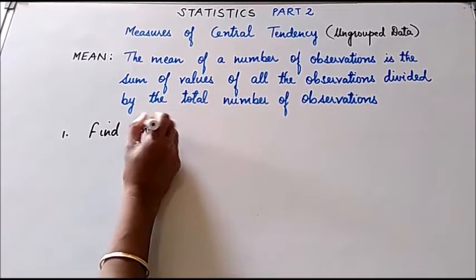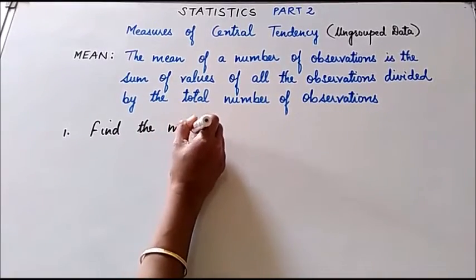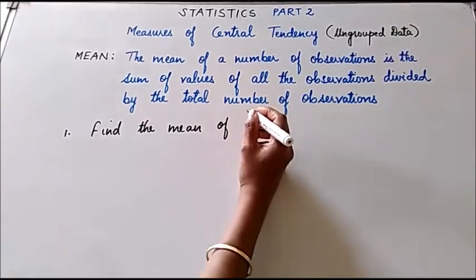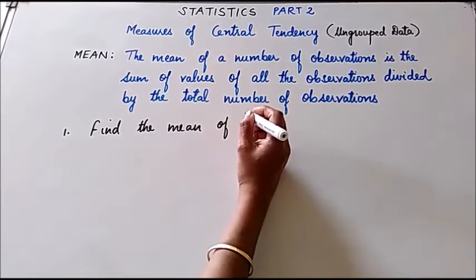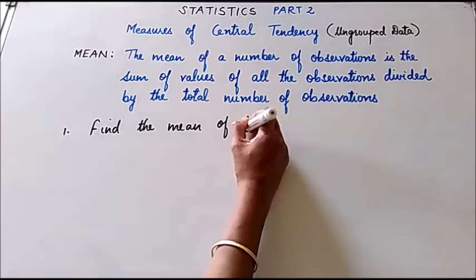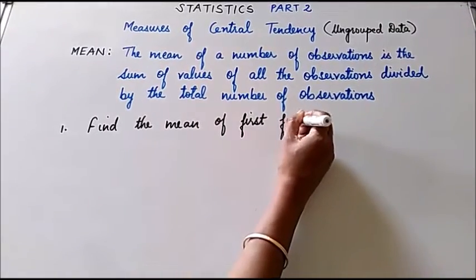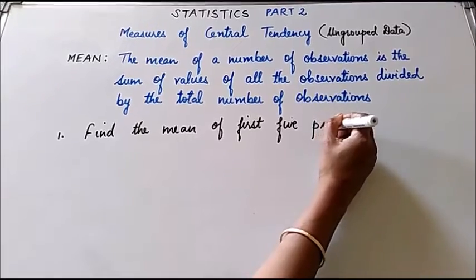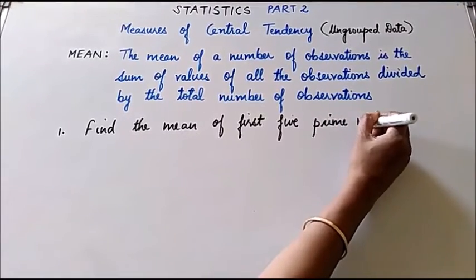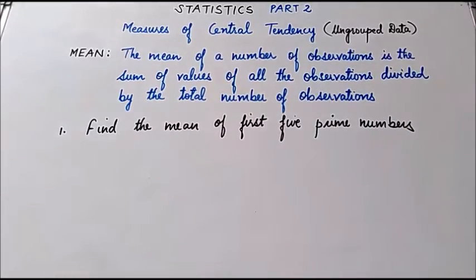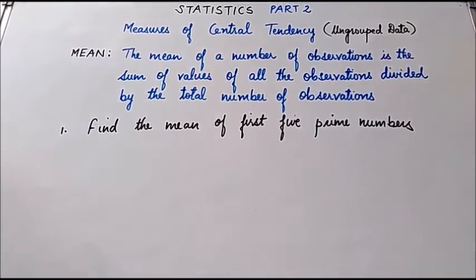Find the mean of the first 5 prime numbers. Now which are the first 5 prime numbers?